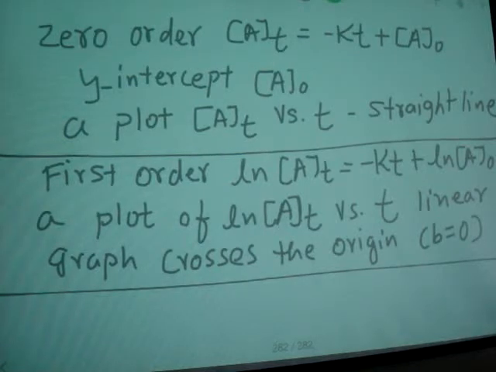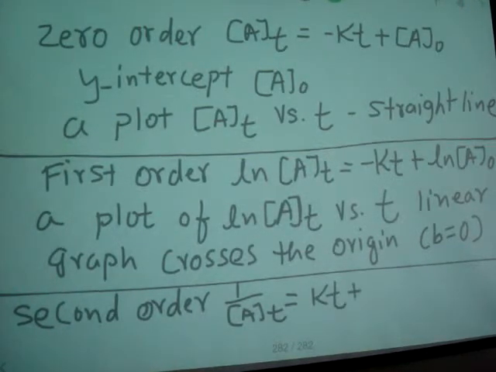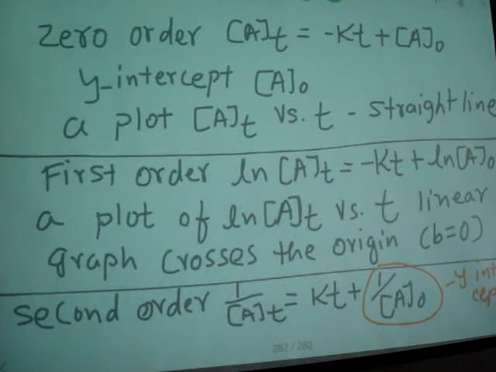And for second order, our equation is 1 over concentration of A at time t equals kt plus 1 over concentration of A0. In that case, this is the y-intercept, and you get a straight line for 1 over concentration of A at time t versus t.